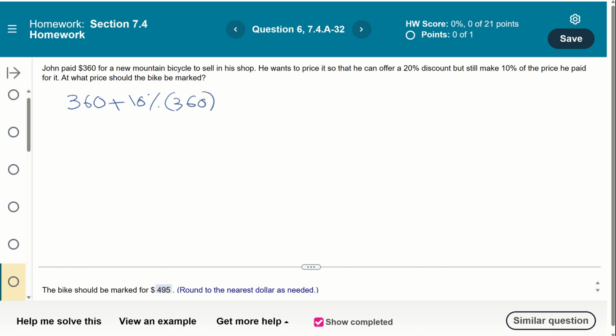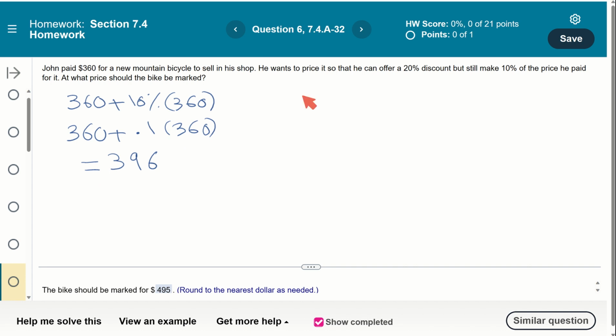So 360 plus, now we know 10%, that's just 0.1, right? And 0.1 times 360 is just 36. So he wants to get at least this much out of the bike, right?